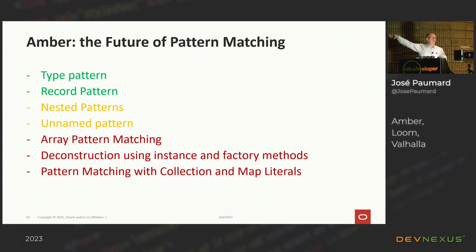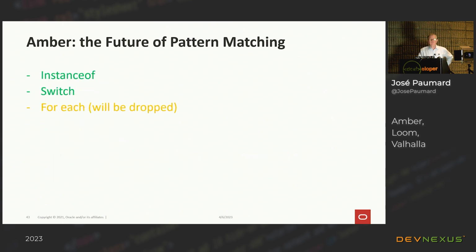As you can see, this is just the beginning. There's more to come than what we already saw. And as for the elements on which you can use patterns, so far you can use patterns on instanceof and switch. That is either a final feature or a preview feature in the JDK. And the for each statement, that will come again. For the moment it is on pause, but that will come again in the future.